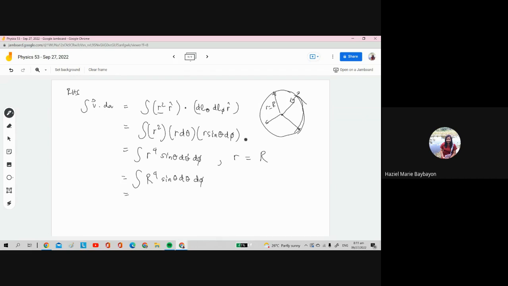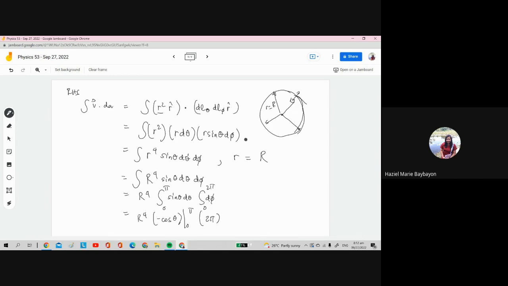So this is the surface integral: r to the fourth times the integral of sine theta d theta, from 0 to pi, and then d phi, where phi is from 0 to 2 pi. The integral of sine theta d theta is negative cosine theta from 0 to pi, and here you will get 2 pi also.